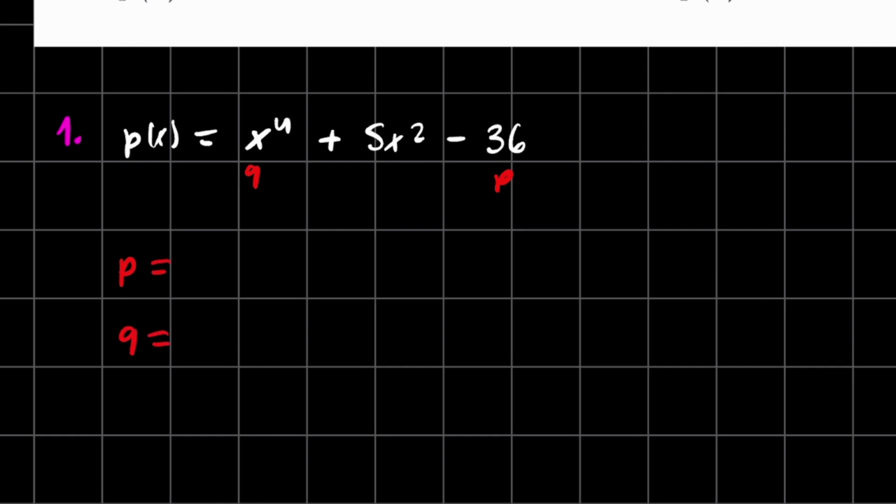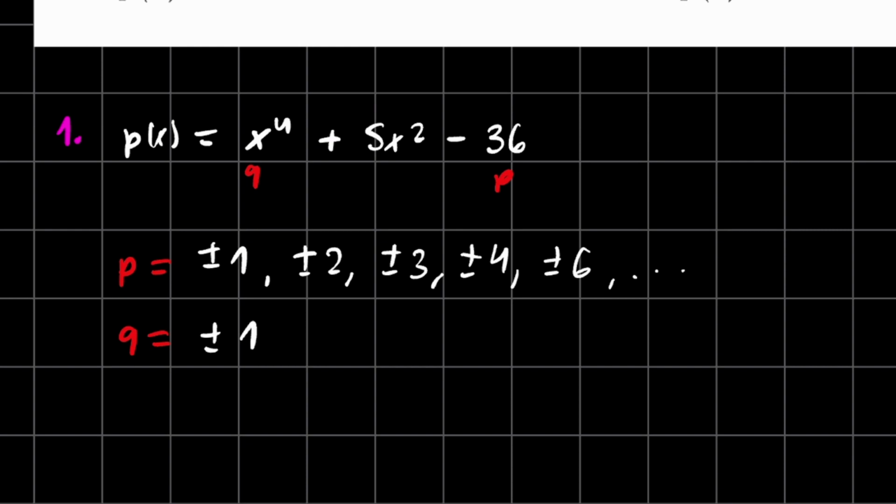And then for P, you're going to write all the numbers that divide 36. So plus minus 1, plus minus 2, plus minus 3, plus minus 4, plus minus 6, and so on and so forth, right? And over here on the right, plus minus 1 only, because we only have one value that's 1.